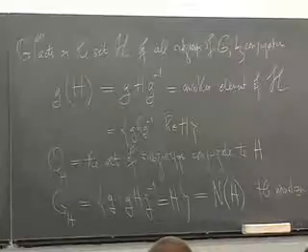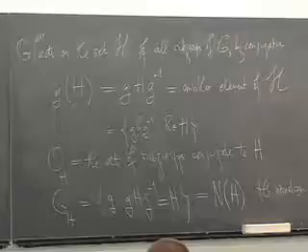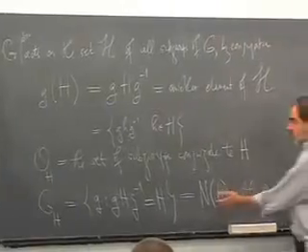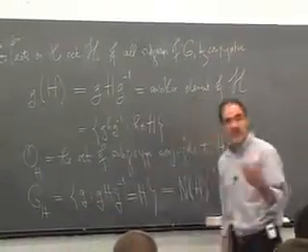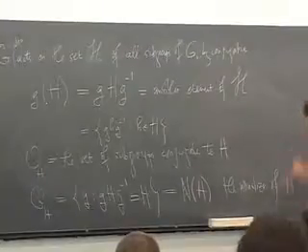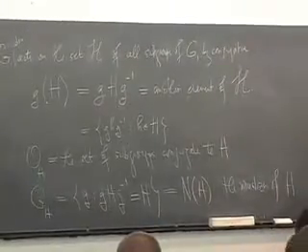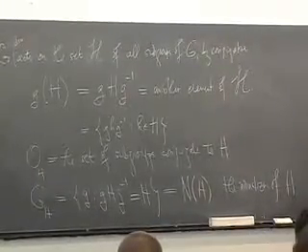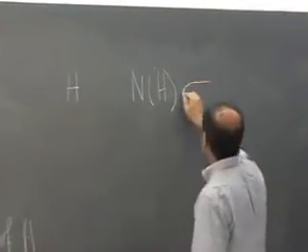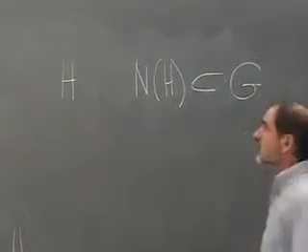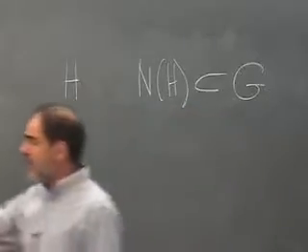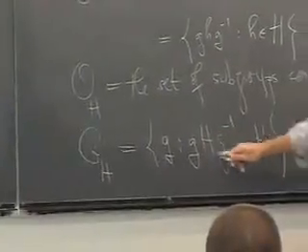And I'm going to make two comments about the normalizer of H. So first of all, it's a subgroup because it's the stabilizer of something. The stabilizer of something is always a subgroup. And it's a subgroup that sits between H and G, because H has the property that it normalizes itself.